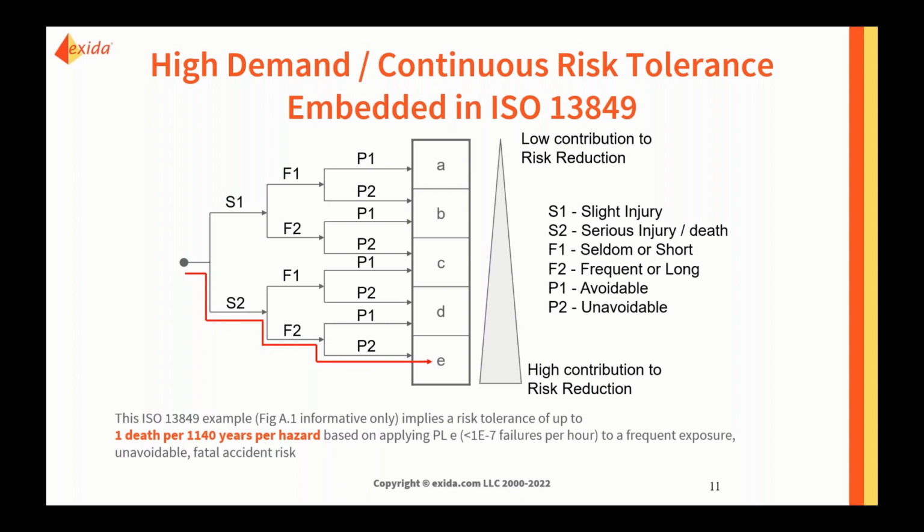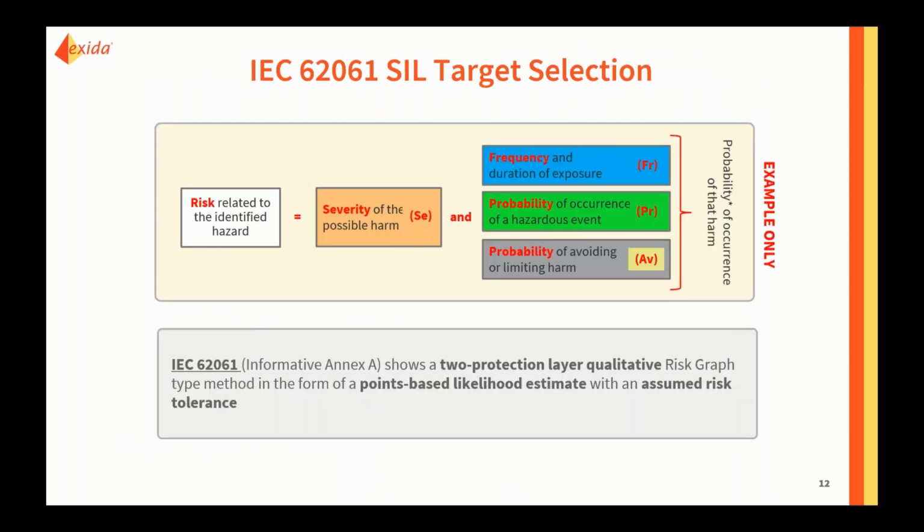So that alone gives us an indication of some of the challenges in just blindly accepting the standards, that they carry with them some embedded assumptions which may or may not be acceptable in our particular case. And interestingly enough, we have the same situation with the IEC 62061.